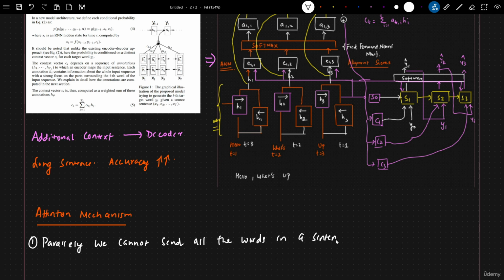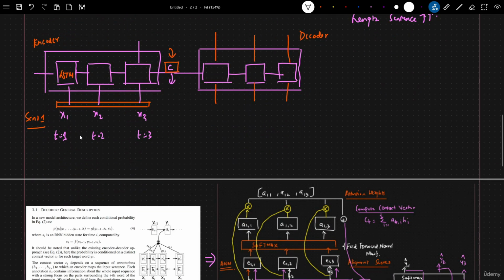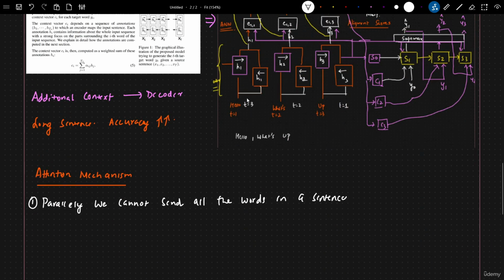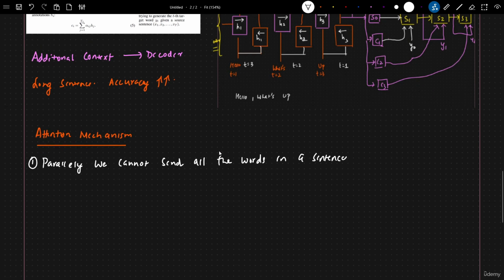right? And because of this, see, over here you'll be able to see even in encoder decoder, we used to send the words based on timestamp, right? Now, when we are sending based on timestamp, at t equal to 1, I'm sending one word, at t equal to 2, I'm sending another word, right? Similarly, over here in this bidirectional LSTM also, I'm sending one word at various timestamps.